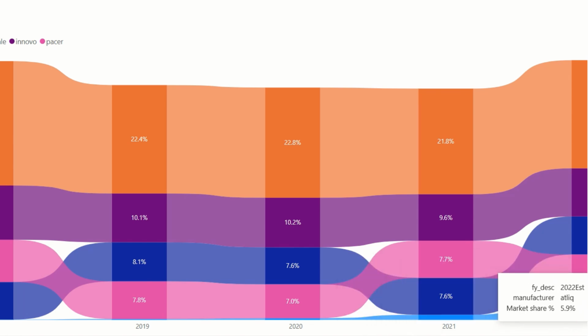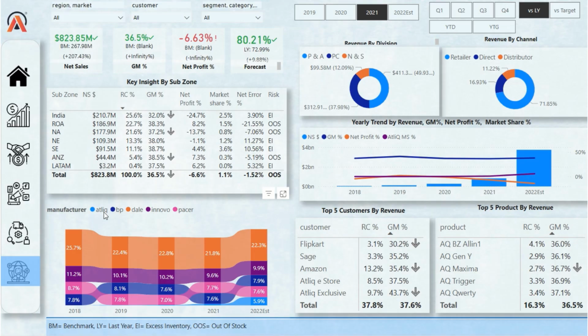But in 2022, they have grown so rapidly that their market share is 5.9% right now. That means they are losing money, but they are gaining market share. And once they have a significant market share, they probably can increase the profit.